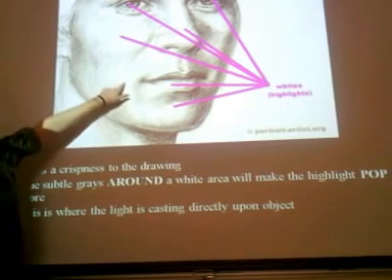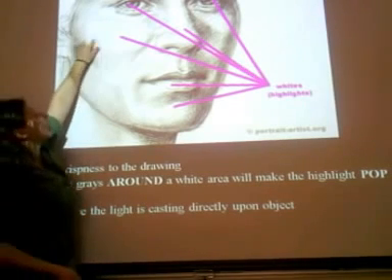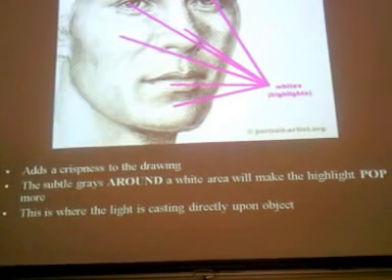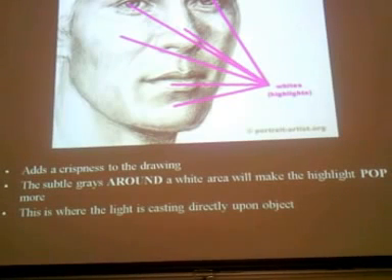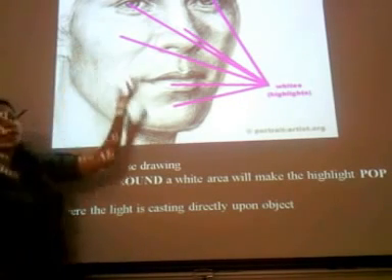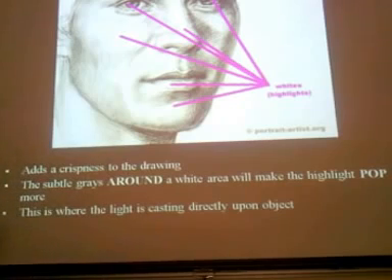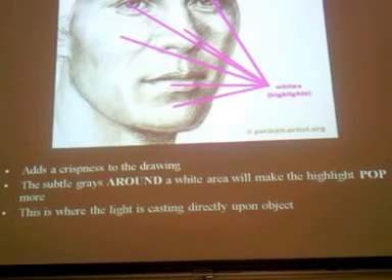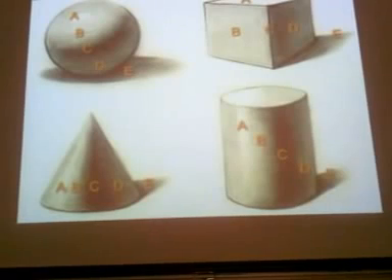Here's your highlight, here's some subtle grays. That's what makes the highlight pop. When you think of gradient or gradual movement from darkness to light, that gray area creates that pop to the highlight, gives it something to jump off from. So highlight is where the light is casting directly upon the object.